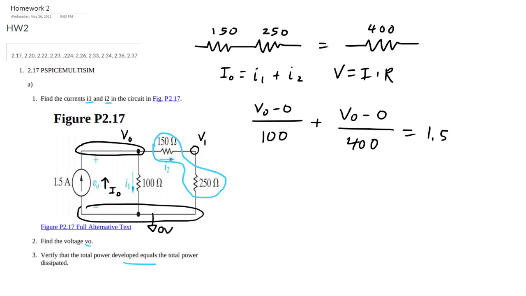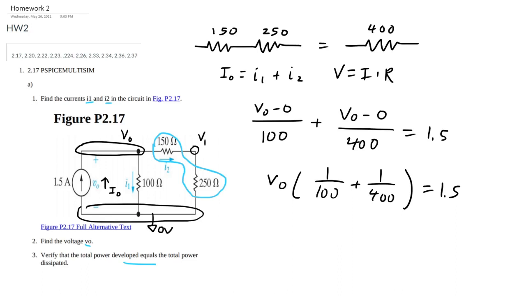Let me get my calculator. We'll factor out the V out first. So V out times 1 over 100 plus 1 over 400 equals 1.5 amps.